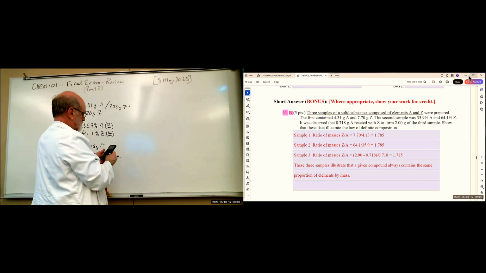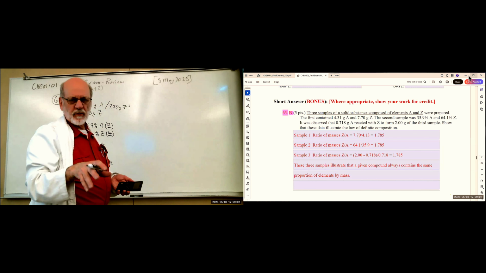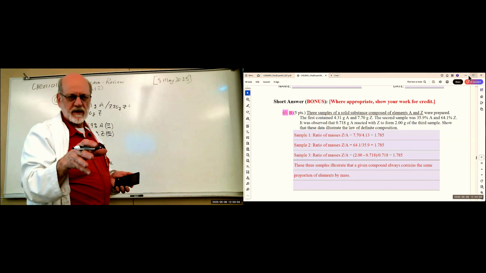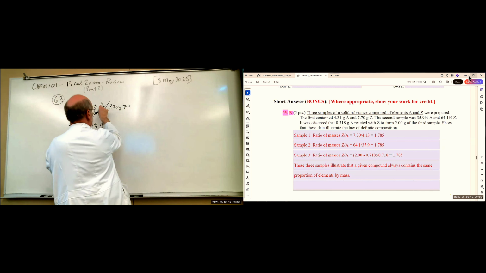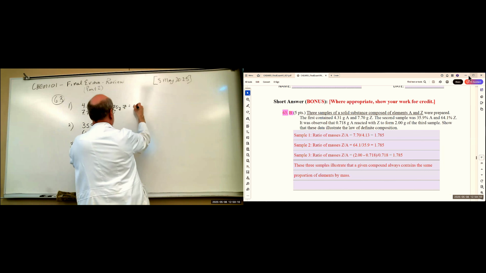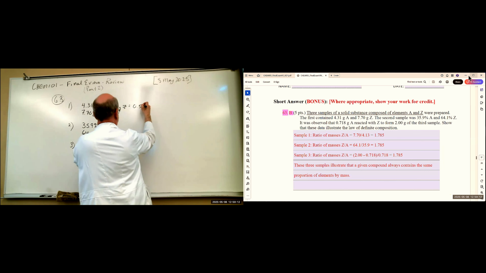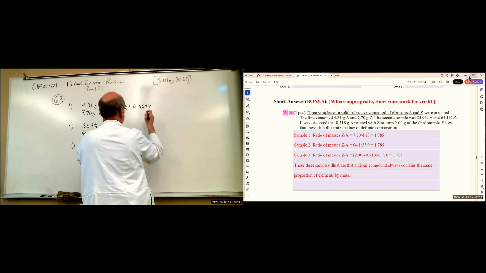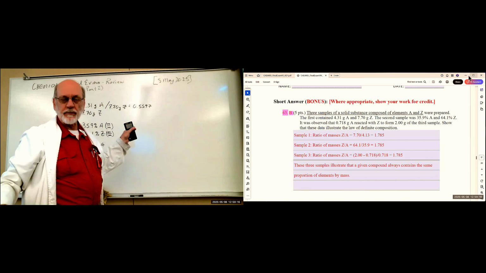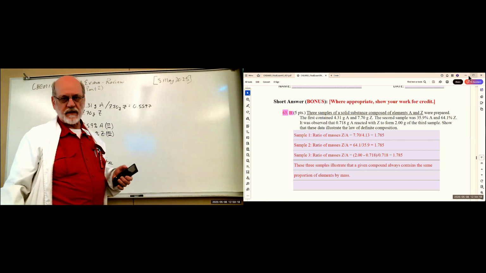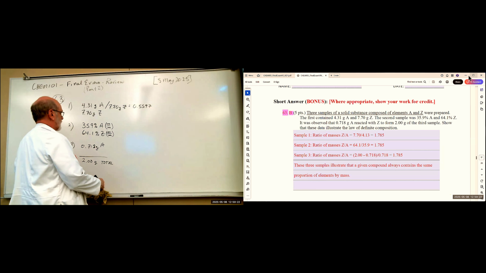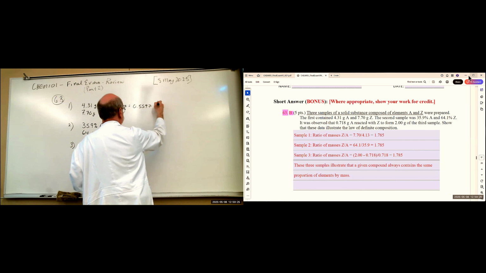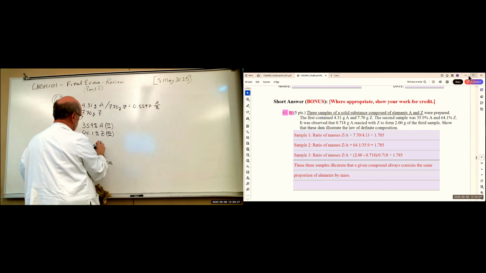Well, this is okay. I did a little bit different in the explanation there, but this will also work. This gives the ratio of A to Z as 0.5597. If you take the reciprocal of that, you'll get the value that's right there on the screen. This is A to Z. Okay.